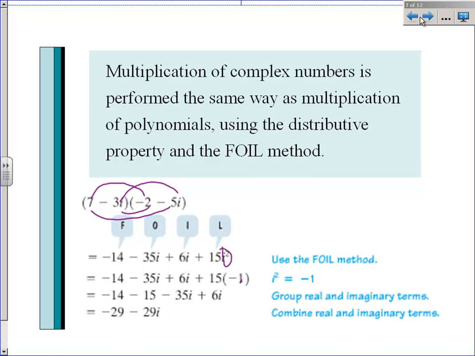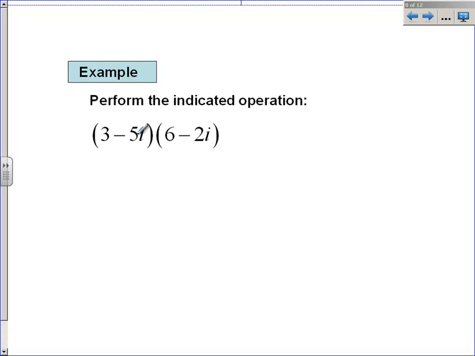So let's do an example of that. I'm going to FOIL this out. 3 times 6, 18. 3 times negative 2i is negative 6i. Negative 5i times 6 is negative 30i. And then negative 5i times negative 2i is positive 10i squared. So what I'm going to do next is call that i squared a negative 1.